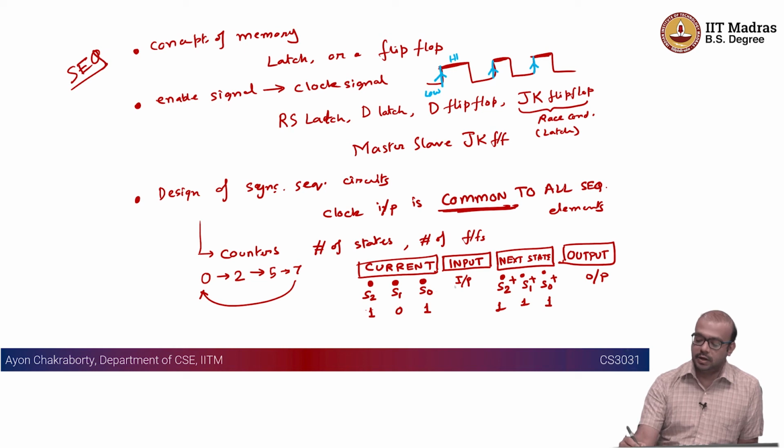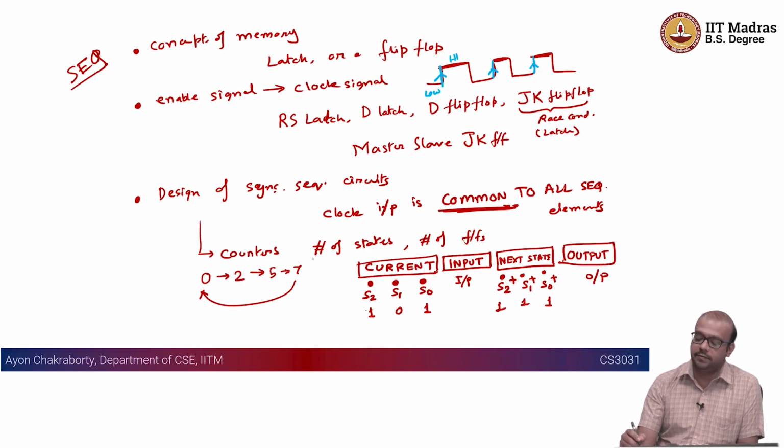In this case there is no external input that some human being is giving to the circuit, like if I put 1 then it goes to 0, otherwise it goes to 5, nothing like that. Whenever there is a clock pulse, 5 will automatically roll to 7, 7 will automatically roll to 0, 0 will automatically roll to 2, and so on.